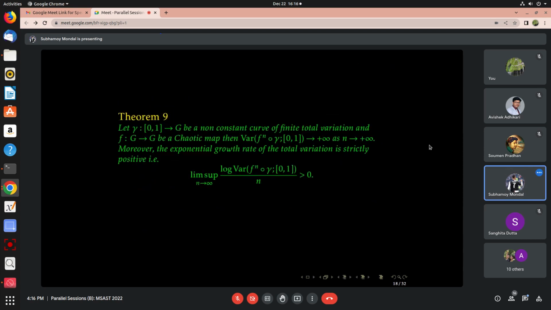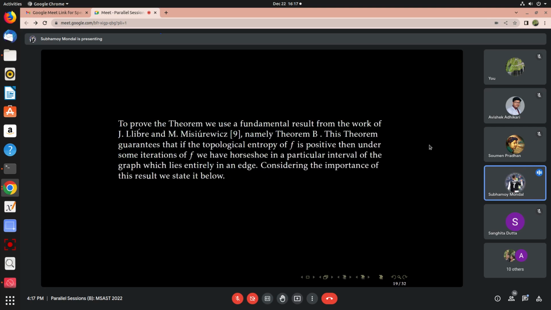Now this theorem tells that if gamma is a non-constant curve in G, such that f from G to G is Devaney chaotic, then the variation of f^n composed with gamma tends to infinity, and the exponential growth rate of the total variation is strictly positive. Now f is Devaney chaotic, so we need the topological entropy to be positive.